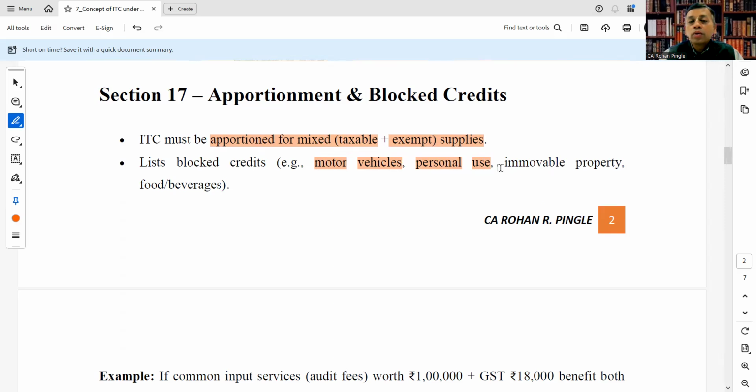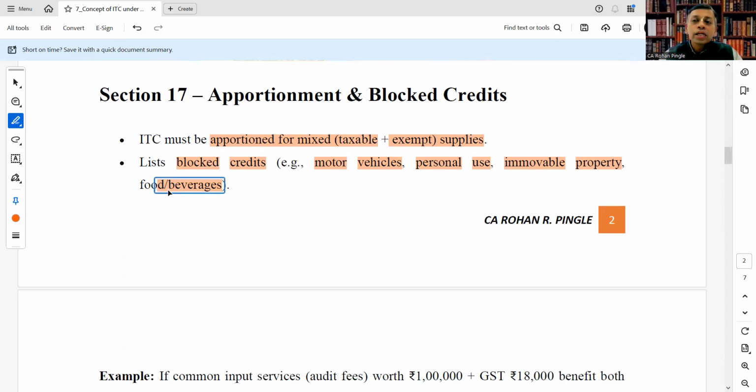As I have said, you cannot use ITC paid on items or products you are using for personal purposes. Then immovable property, food or beverages. These are the block credits. You cannot use ITC related to these items: motor vehicles, personal use, immovable property, foods and beverages.